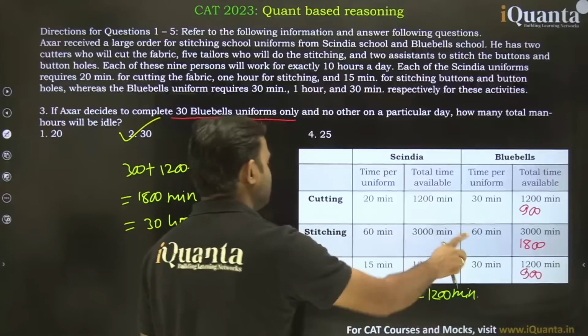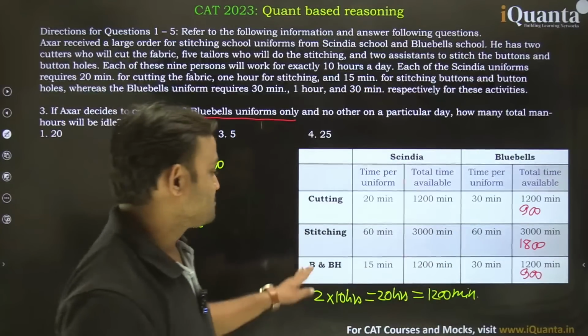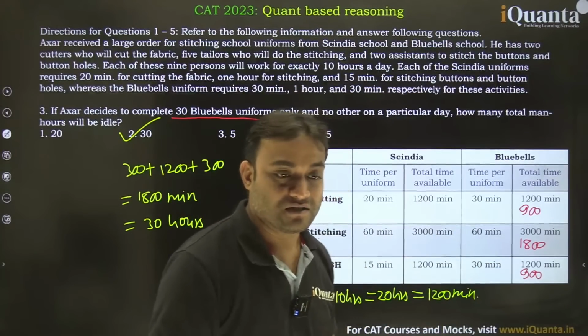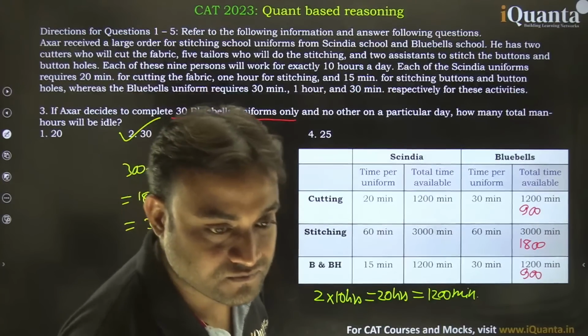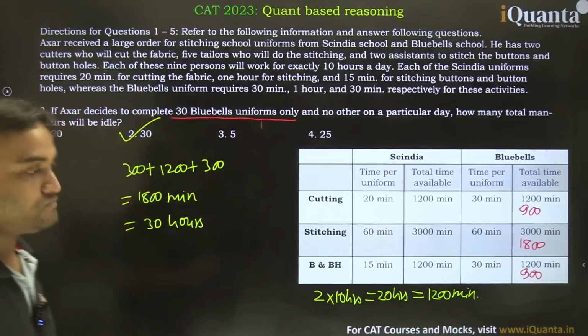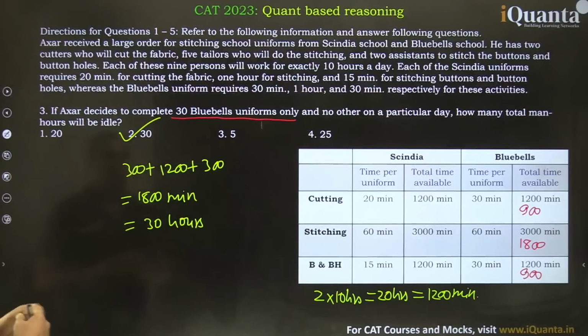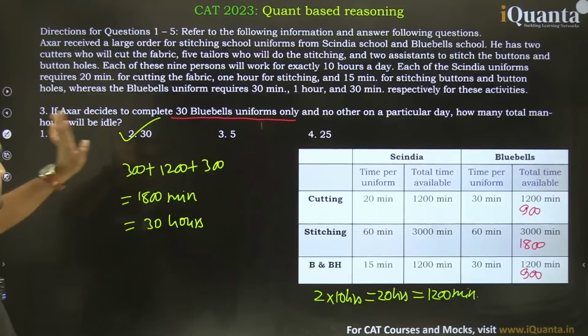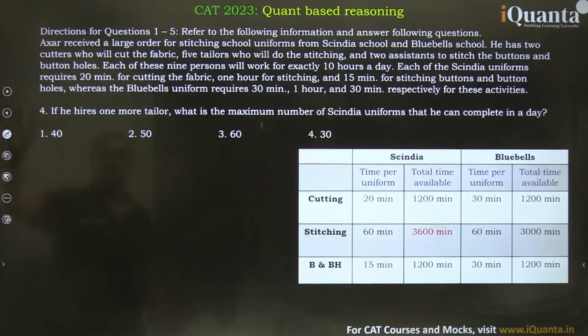And the same for stitching, there are 5 tailors. So 5 into 10, 50 hours, which is 3000 minutes. That's how we get this. Okay, Sonali. So we have 30 man hours left or idle. So the answer is the second option.